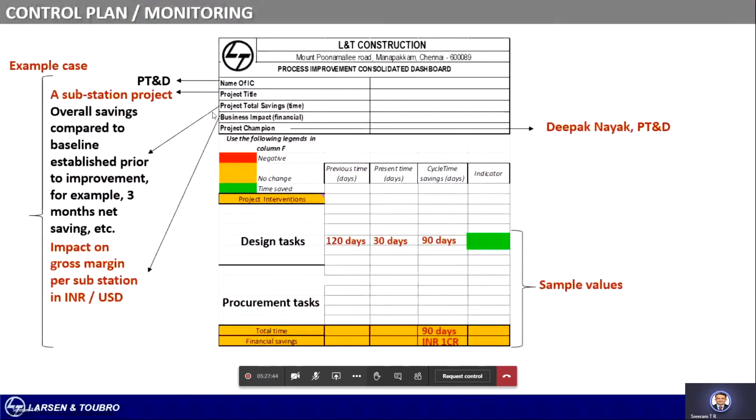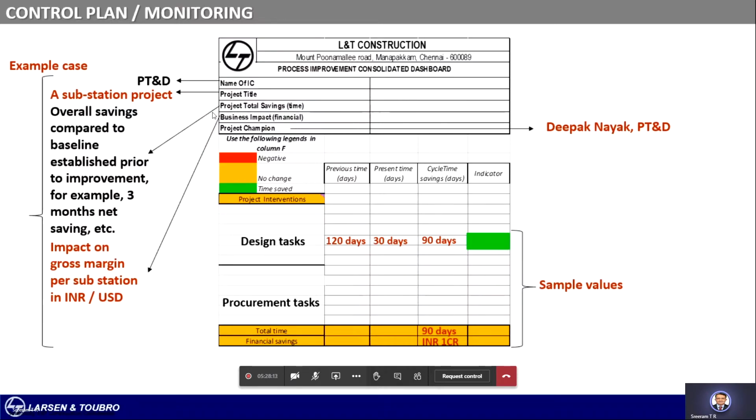This is a typical report structure. When I mentioned the control plan and monitoring, this is not the format, but a format which you can follow for your own respective project. The emphasis is that you took some design tasks, and there are some procurement tasks where you'd like to look at the time.